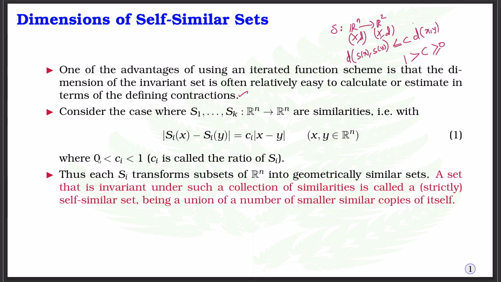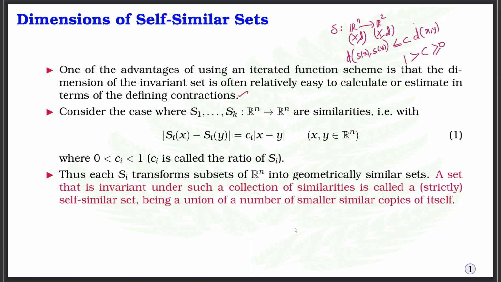If you are taking Ci from (0,1), and the function satisfies equation 1, then the Si are called similarities. Thus each Si transforms a subset of R^n into a geometrically similar set.